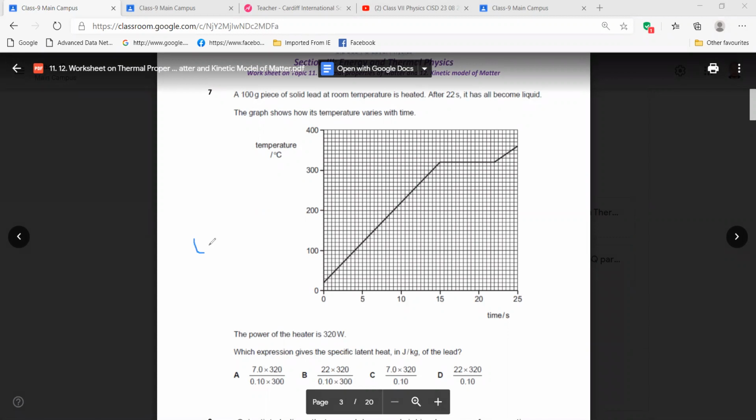Specific latent heat of fusion is this one: small l_f equals Q by m. This is from chapter 11, topic 11.